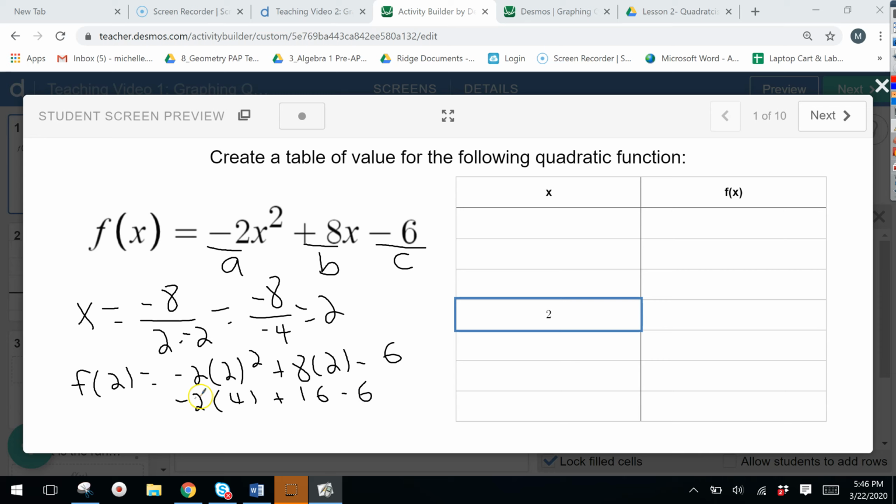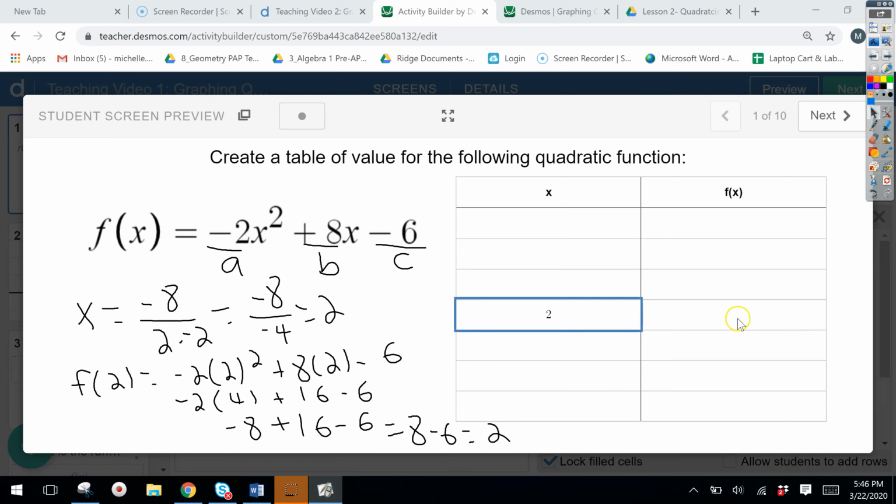And -2 times 4 is -8, plus 16 minus 6. We're going to do this from left to right. So -8 plus 16 is +8, minus 6 is 2. So our y value in our vertex is 2. We're going to go ahead and type that into this table here.